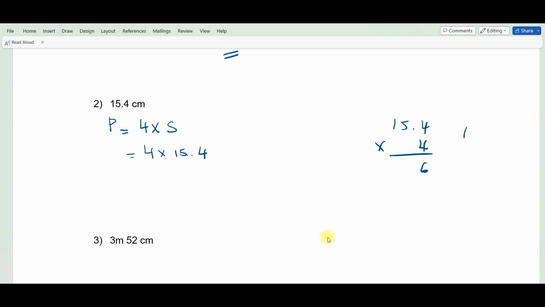So 1 carry, 4 5s are 20, plus 1 is 21. So I have 2 carry now. 4 1 times is 4, plus 2 would give me 6. I have the decimal point at 1. So it is 61.6 centimeter. So this is how you can solve for a decimal point question.